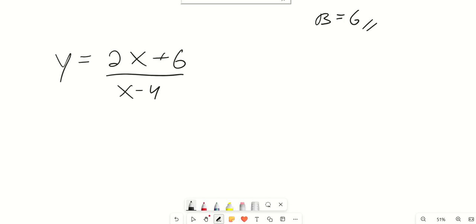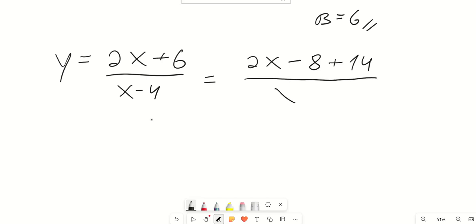I write down this function in the following way. I will write 2x minus 8, and since I actually have plus 6 here, if I write minus 8, I have to add 14, so together it's plus 6, and I didn't change the term. In the next step, you will understand why I wrote it like that.